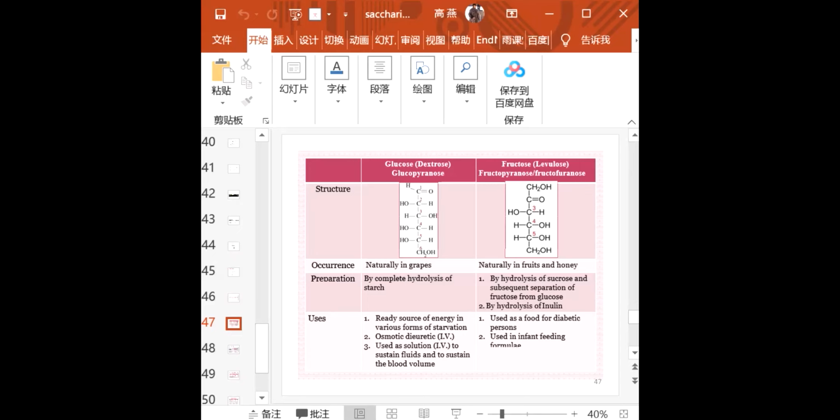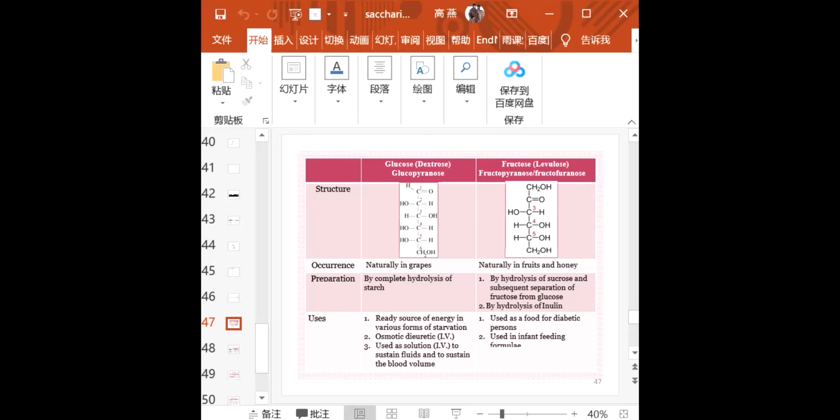For diabetes persons, they have trouble with the function of their insulin, it is not working properly. So they can eat fructose because its metabolism doesn't involve insulin participation.